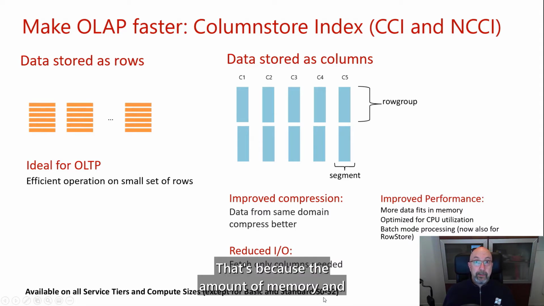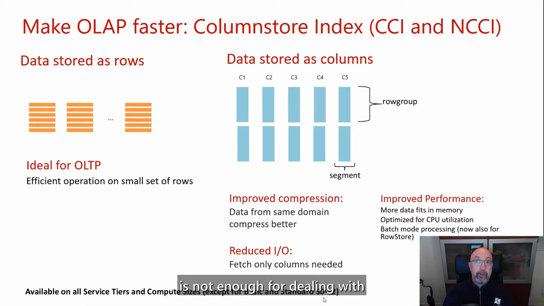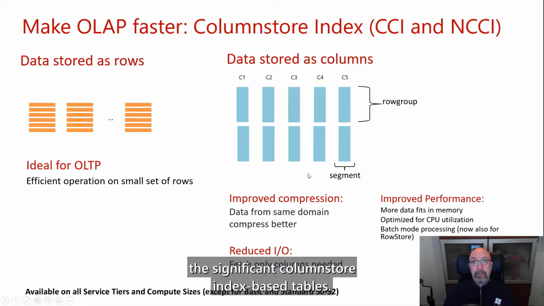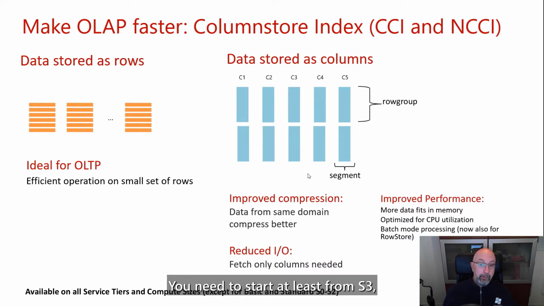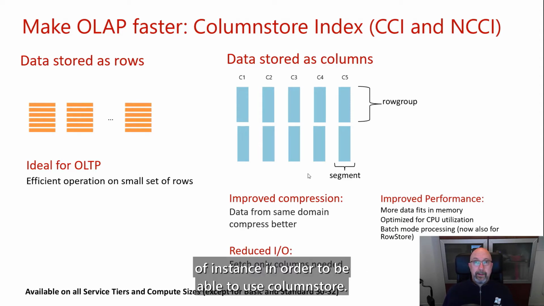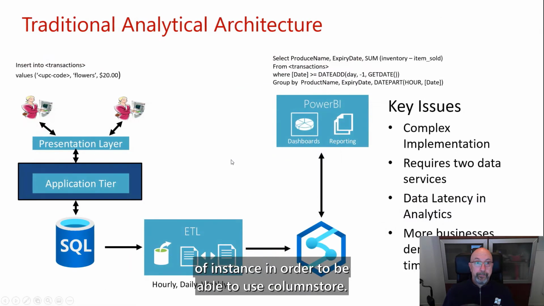That's because the amount of memory and compute power for those very small instances is not enough for dealing with significant column store index based tables, right? So you need to start at least from S3, which is again a single core type of instance, in order to be able to use column store.